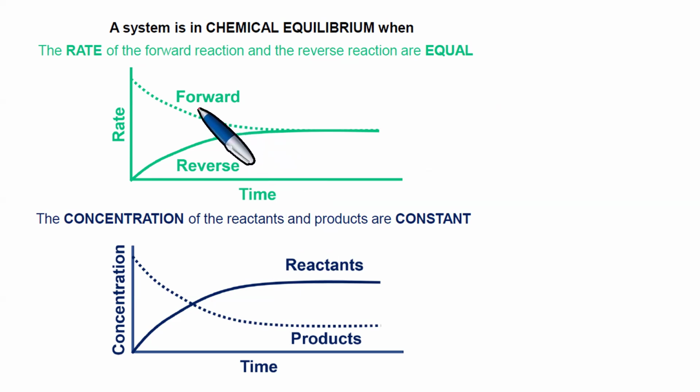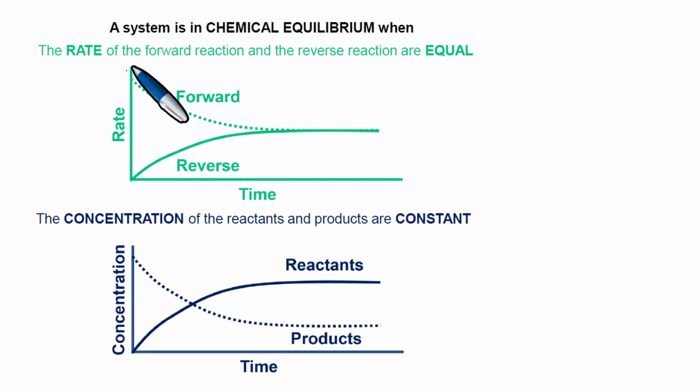If you look at the diagram, the forward reaction is the one that is dotted, and the reverse reaction is the solid line. We have the rate on the vertical axis and the time on the horizontal axis. So the forward reaction is the broken line, and the reverse reaction is solid.